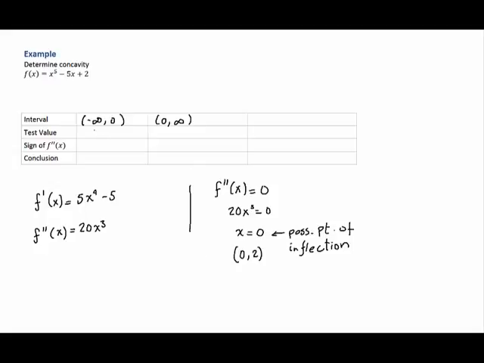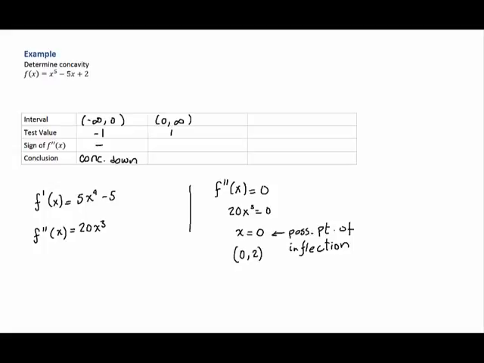In any case, we choose test values in our intervals. So -1 and 1 work in there, and we evaluate our second derivative. When you plug -1 into f double prime, you get -1 cubed, which is -1, times 20. That's a negative sign. We just care about the sign, because in this case it tells us the function is concave down.